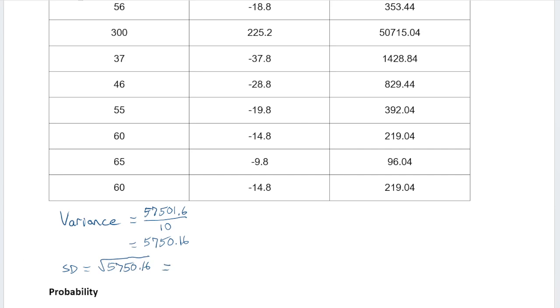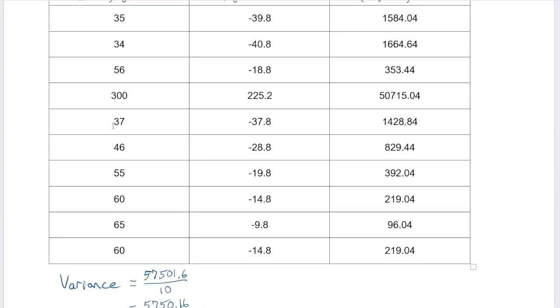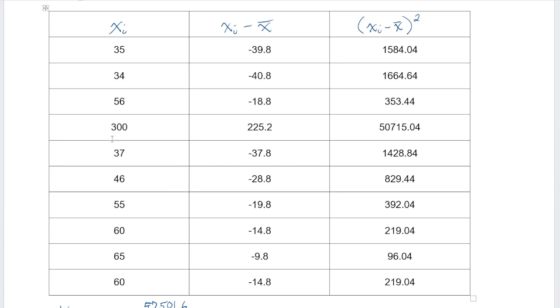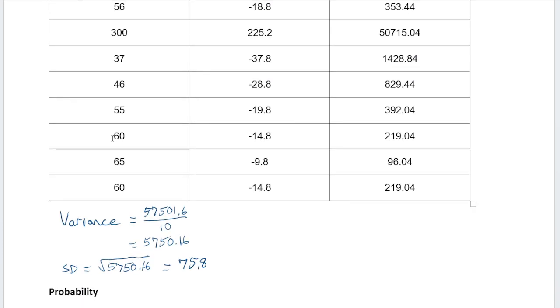And in this case, oops, not a typo on my calculator here, will get us 75.8, which is really, really big for standard deviation when most of our numbers are below 70. Again, a big problem because that outlier exists.